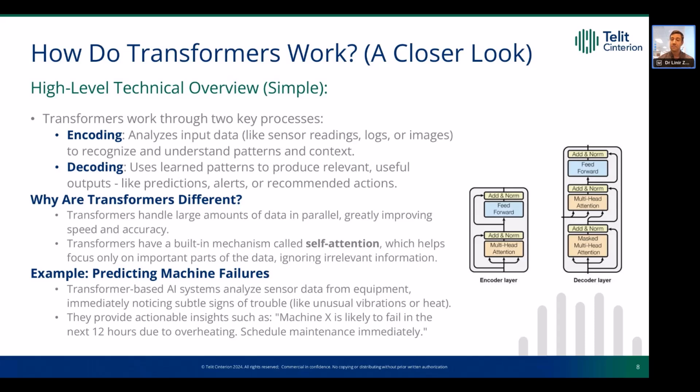Based on that, which was the encoding part of the process, it can then generate an actionable insight, such as machine this and that is likely to fail in the next 12 hours due to the reasons that it learned. So it's a very sophisticated system that can learn the data, see the patterns, and provide suggestions.